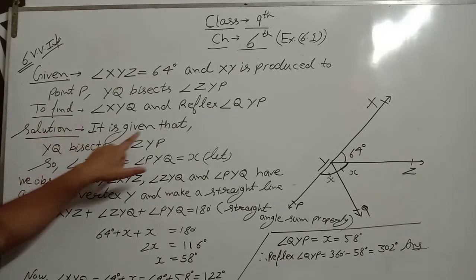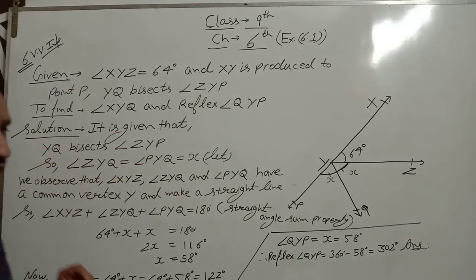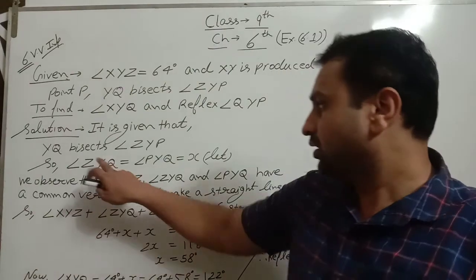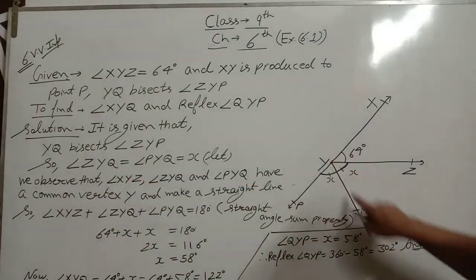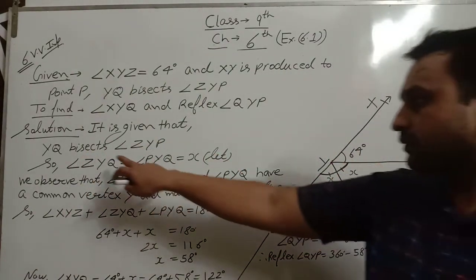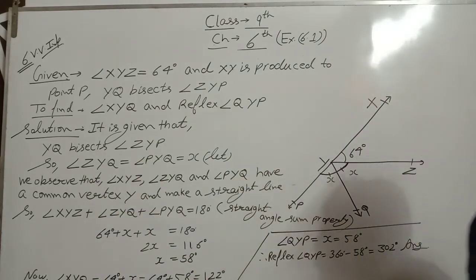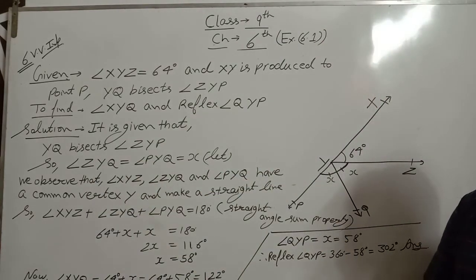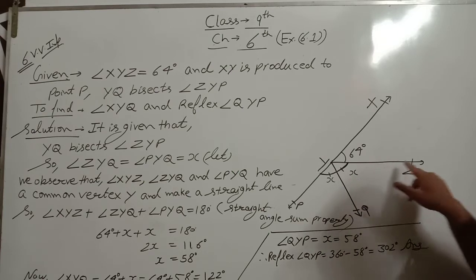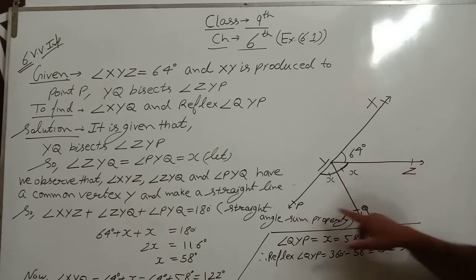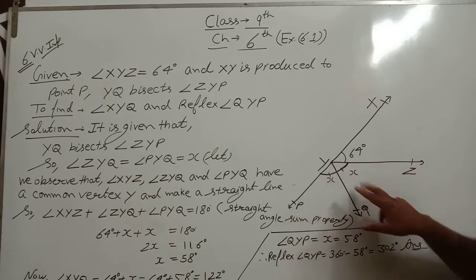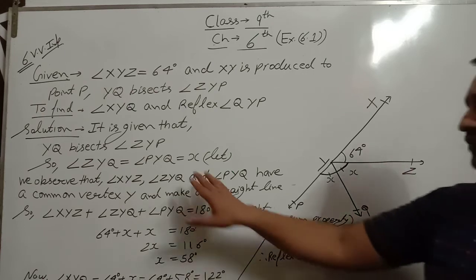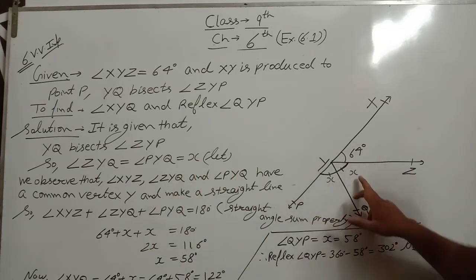Solution. It is given that YQ bisects angle ZYP. So bisect means YQ divides angle ZYP into two equal parts. So angle ZYQ and angle PYQ, both angles are equal, and we suppose these angles are x, represented in the figure also.